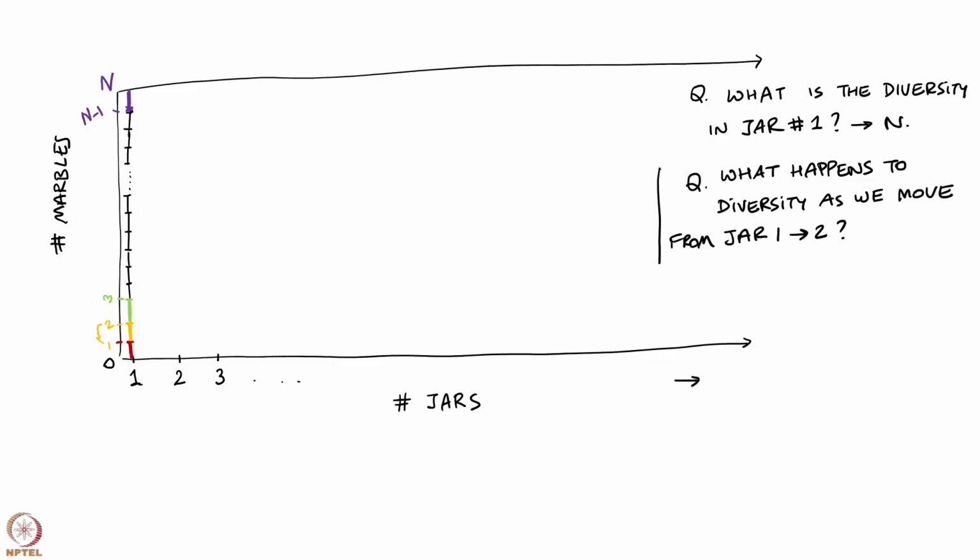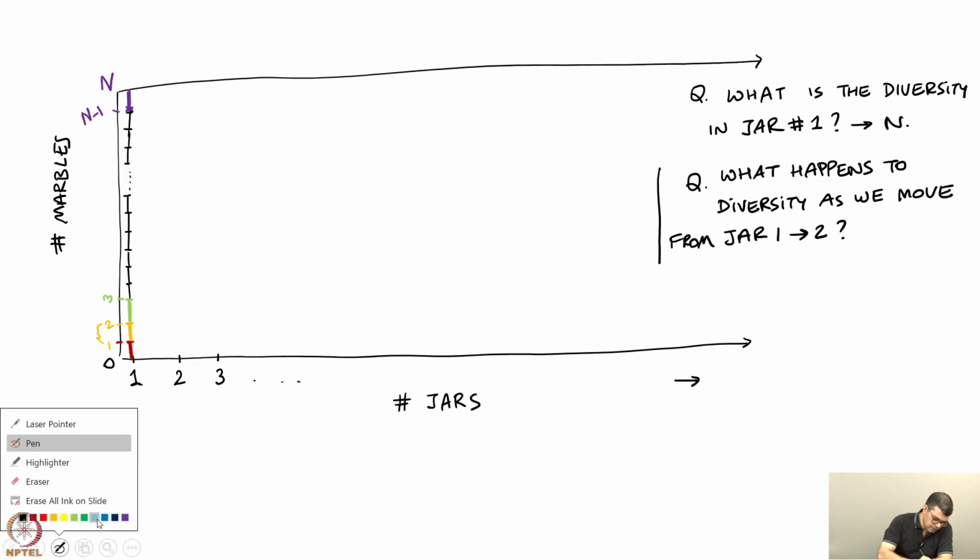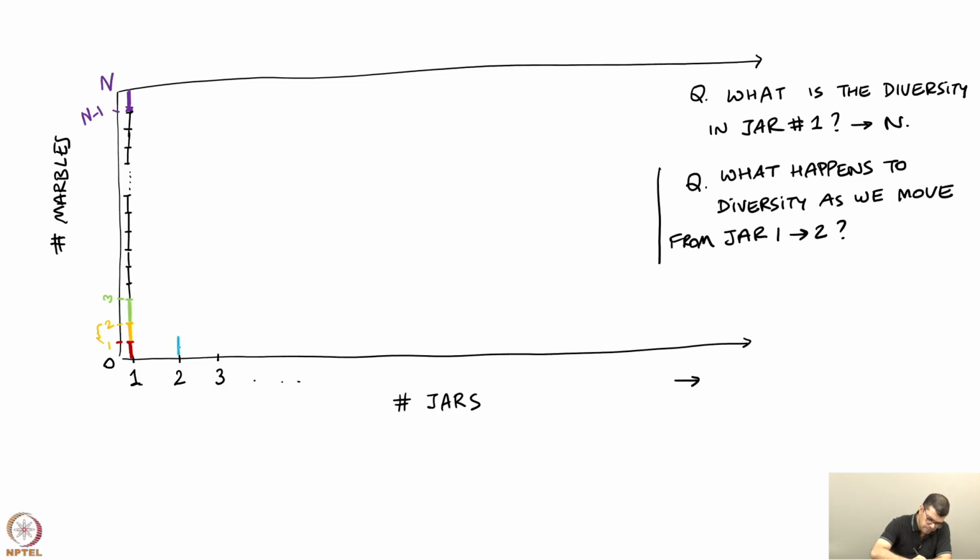But having 2 marbles of the same color in the next jar automatically implies that at least one of the colors is going to miss out, because in the initial jar we only had 1 marble of each color. Now if I have 2 blue marbles in the second jar, it automatically means that one of the colors is going to be missing from the second jar. That could be red, yellow, green, it could be any color, but one of these colors is going to miss out.